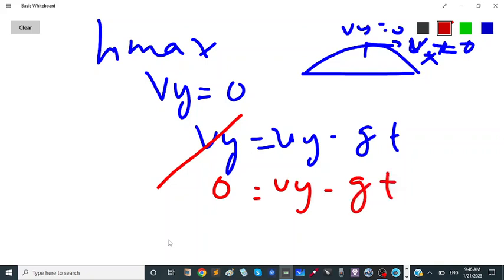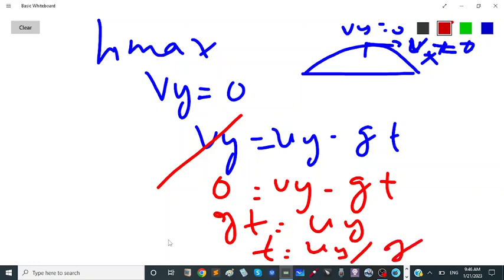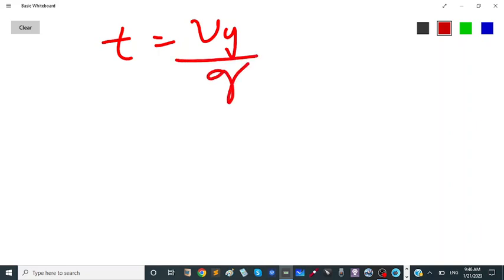Rearranging this one, t is equal to Uy over g. So we have the time, which is Uy, the initial velocity in the vertical component, divided by g, the gravitational acceleration.